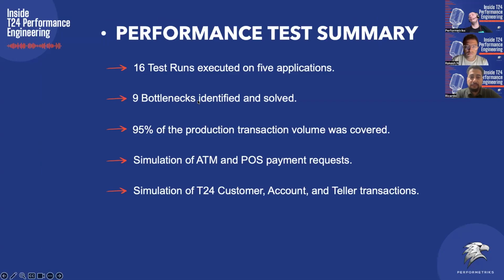From the performance tests, we ran 16 tests on 5 applications. We identified 9 bottlenecks, and we solved them as well. And, this is very crucial, 95% of the production transaction volume was covered.